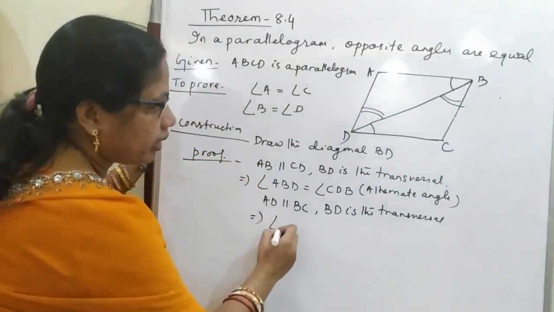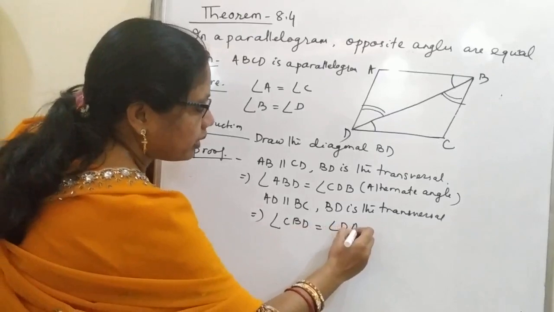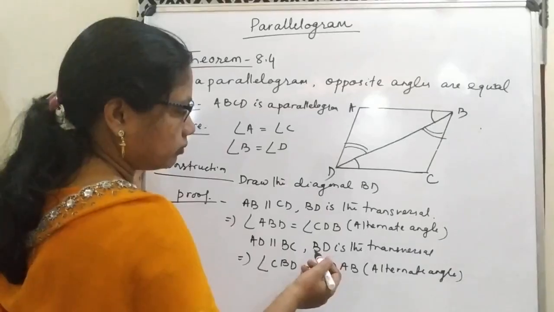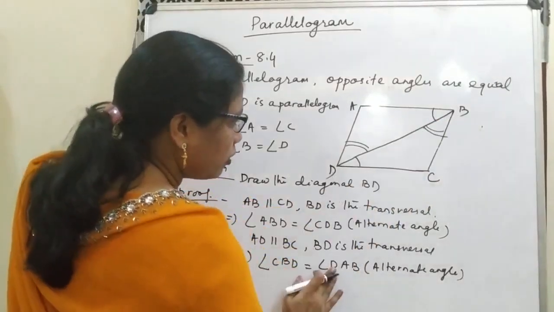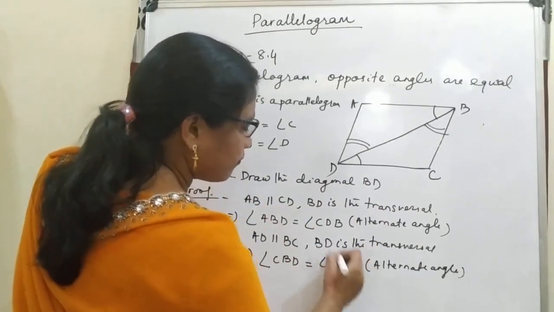Angle CBD will be equal to angle ADB. These are alternate angles.